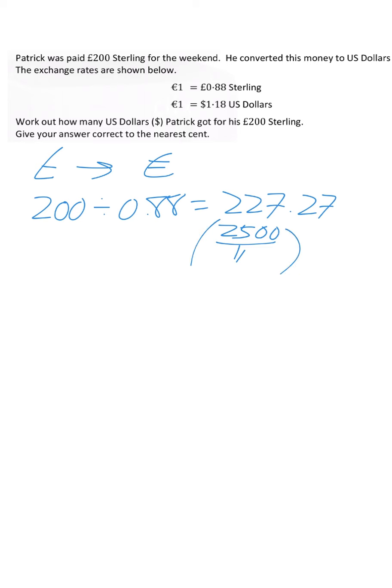Now, that's it in euros, and now I can go from euros to dollars. So I'm just going to use the fraction version because there are more decimals, as you'll see in your calculator, and I don't want to round too early. If I have it as a fraction, it's in an exact form, so I want my answer to be as accurate as possible. So the 2,500 over 11, that's the euros.